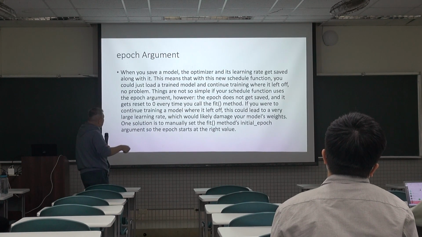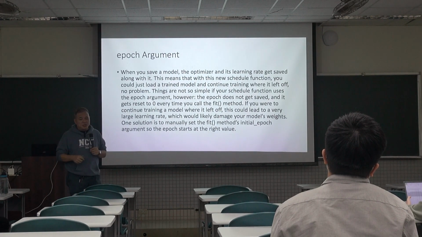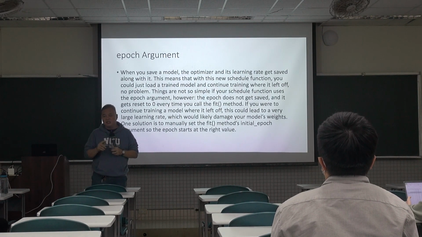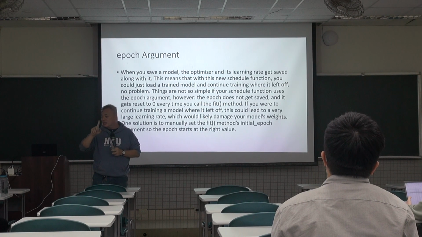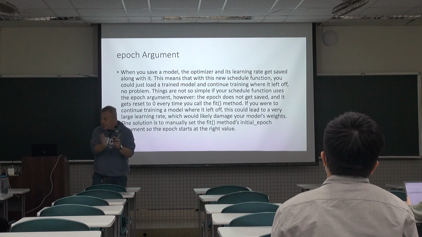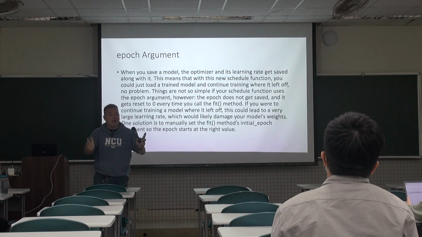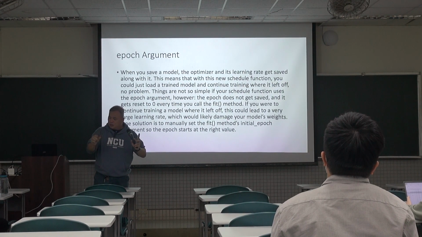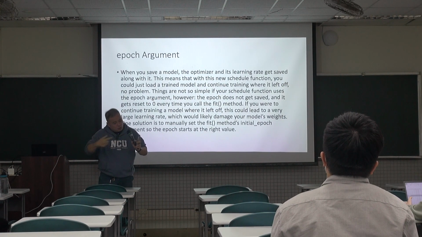Remember, in our implementation, a lot of this learning rate scheduling depends on the number of epochs, right? So if the epoch starts from 1 again, you are going to use a large learning rate. And this model is already well trained, at least you have trained for maybe 100 epochs already. So you don't want to use the large learning rate anymore to continue training this model.